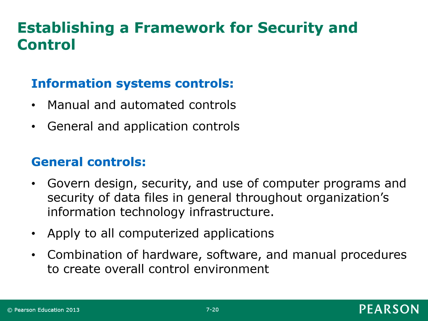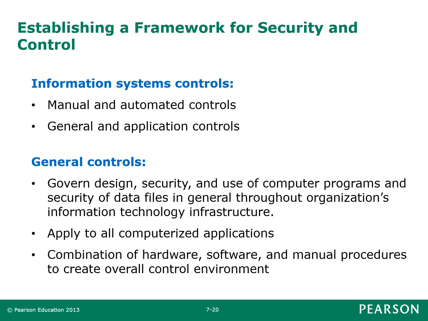To improve security for companies' information systems, it is important to create a framework that supports security. This includes establishing information systems controls and understanding the risks to companies' information systems.